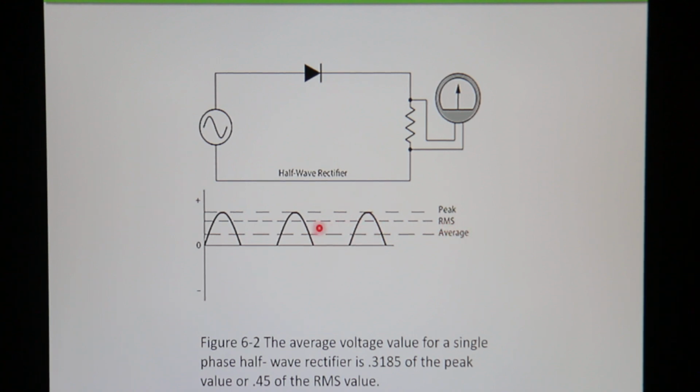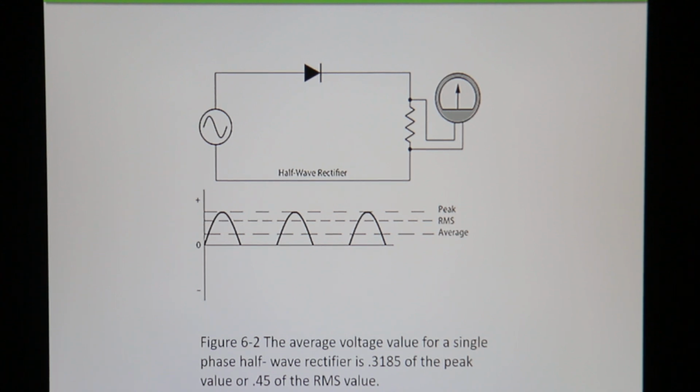It's just some real fancy math that they have to do to come up with what the voltage is. A lot of times we consider it almost like it's the equivalent to DC.